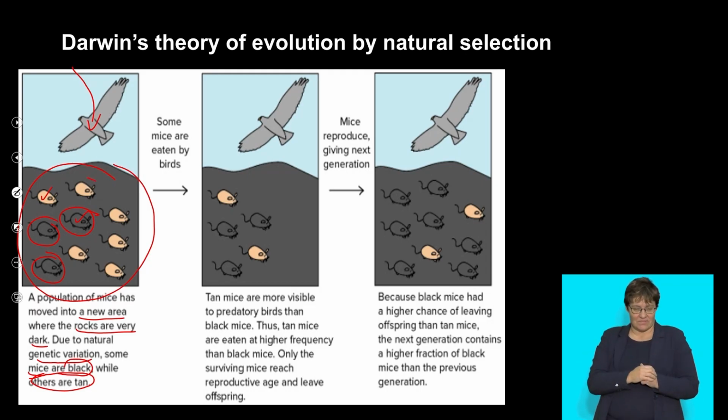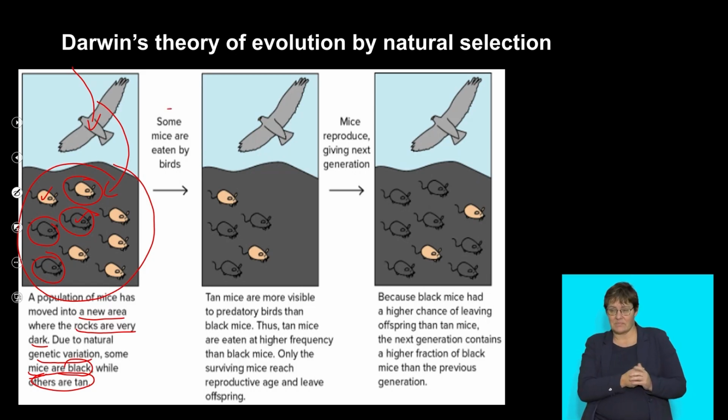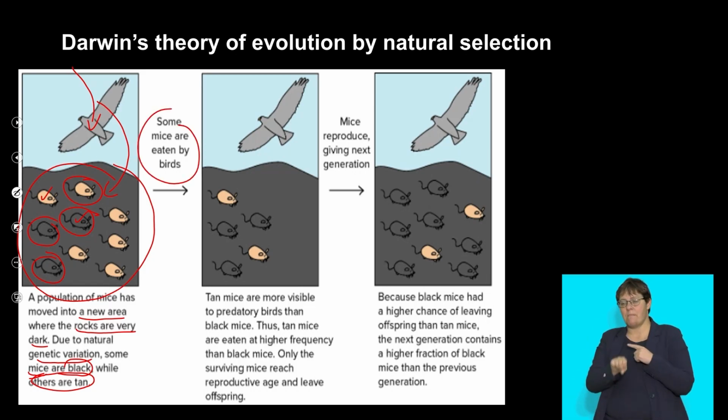However, the light or tan colored mice are much more easily visible, and so they become an easy target. Gradually over time, we'll find that the numbers of these individuals have rapidly decreased, purely because the selection pressure of being lighter colored reduced their chance of being camouflaged.